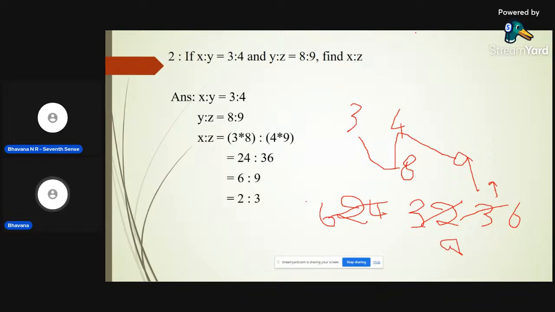In this case, we get the ratio of 6 is to 8 is to 9. Right. So what they asked is the x is to z value. That means the x value is 6 and the z value is 9.